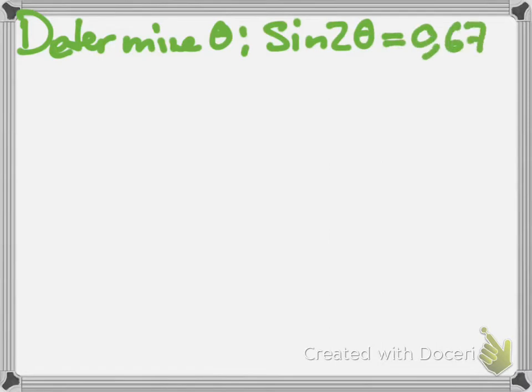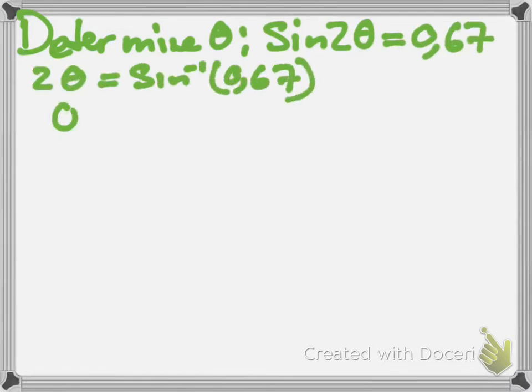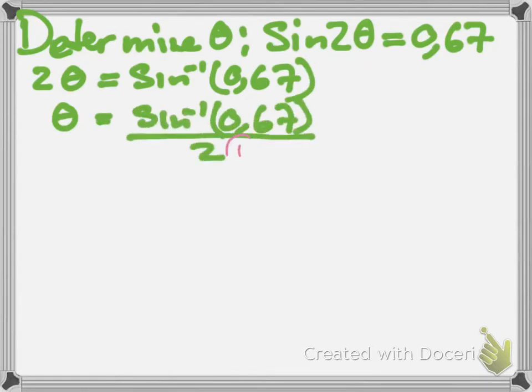Another example, let's say they say again determine theta, where you are given sine 2 theta is equal to 0.67. So it's going to be 2 theta. We solve for theta, which is going to be arc sine of 0.67 divided by 2.